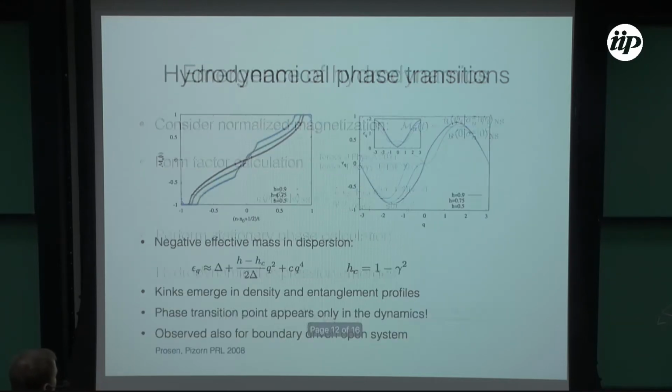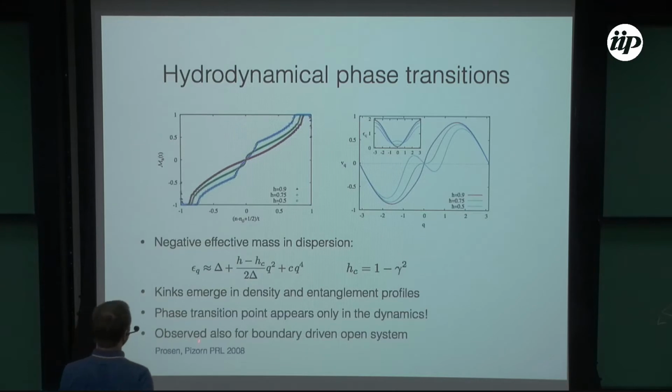Okay. Now let's see what else could happen. So this is a nice effect which we termed hydrodynamical phase transitions. If you look at the dispersion relation, in the XY model you fix some gamma and now vary the magnetic field h. It turns out that at some point, h_c equals 1 minus gamma squared, your dispersion relation changes from a single minimum to a double minimum structure.